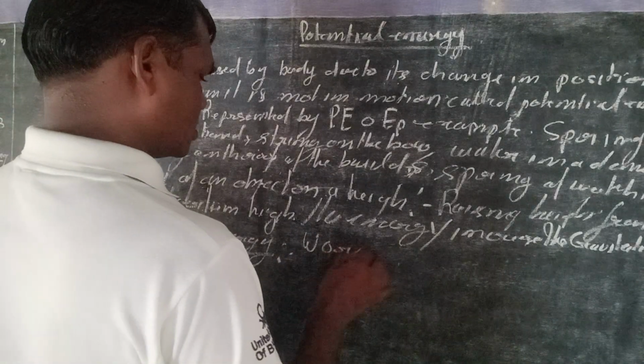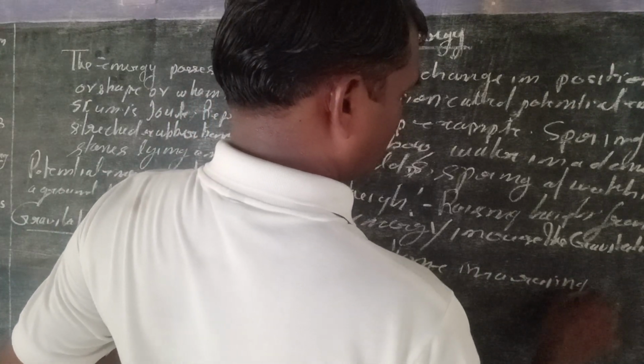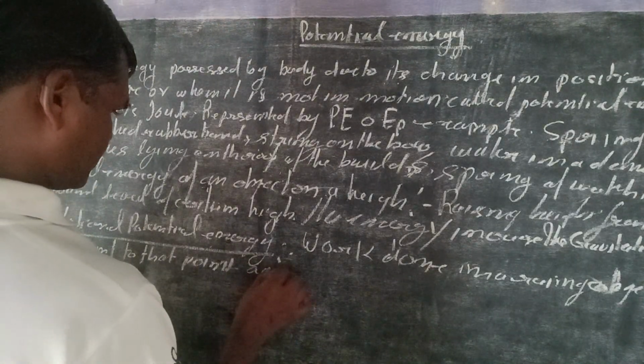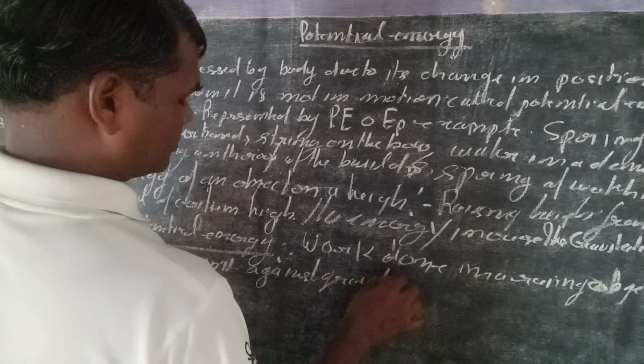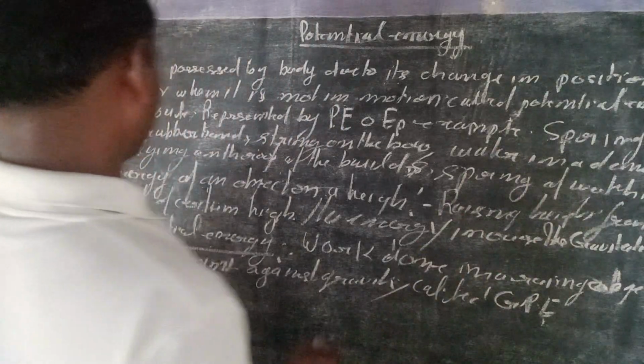Gravitational potential energy: the work done in raising an object from the ground to a point, against gravity, is called gravitational potential energy.